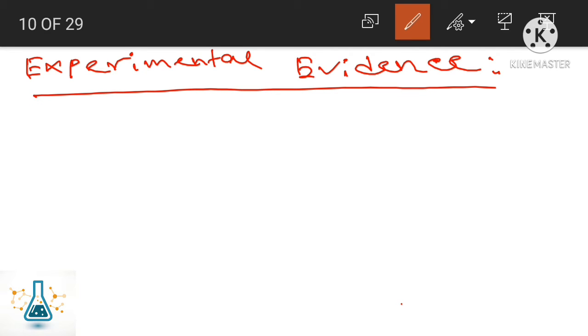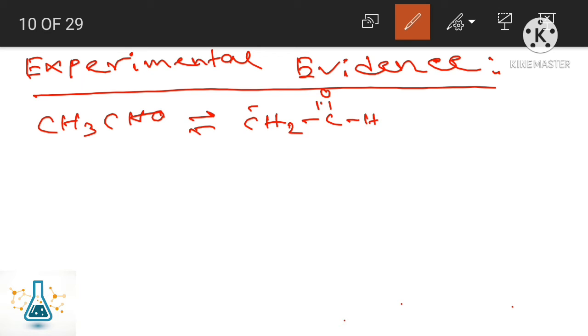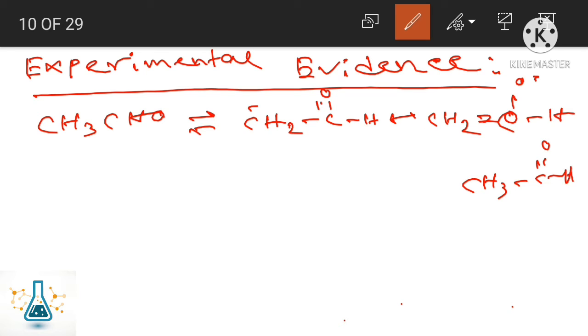Okay, in the first step of aldehyde CH3CHO, we have seen that it will go like this CH2 minus COH, and then it has done CH2 double bond O minus, and it is attacked by this.